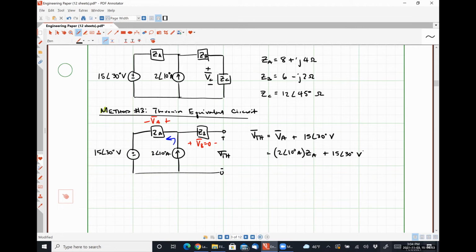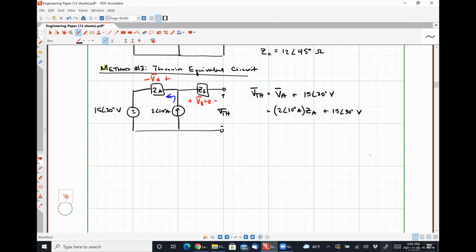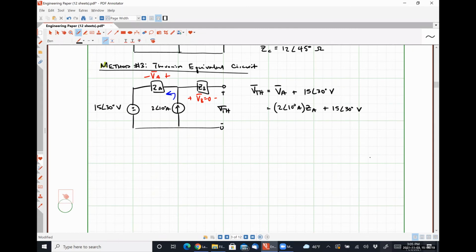Anybody have any problems with this circuit analysis? Were you scratching or raising your hand? Neither, apparently. Okay. Everybody catching what I'm throwing here? It may seem like an odd way to solve the circuit, but it's going to make it pretty simple. All right. So we throw that into our calculator.